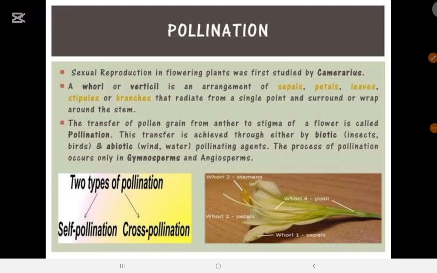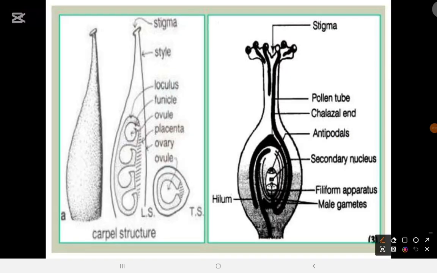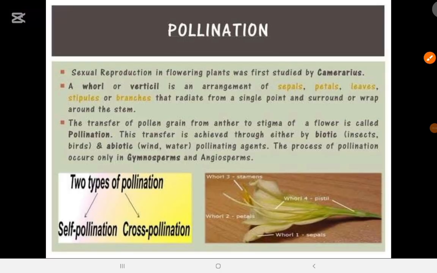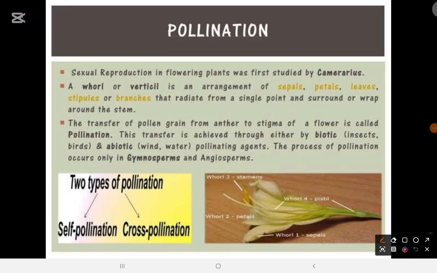In the biotic means, we have living things such as insects assisting in the transfer of pollen grain, while in the abiotic means we have wind or water as the agents of pollination. The process of pollination occurs only in angiosperms. Do you know what an angiosperm is, basically?